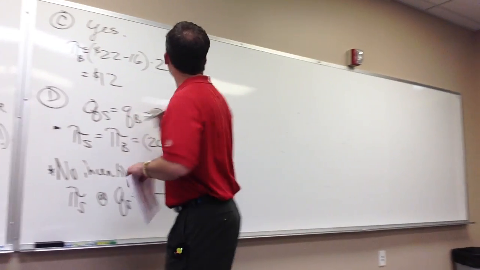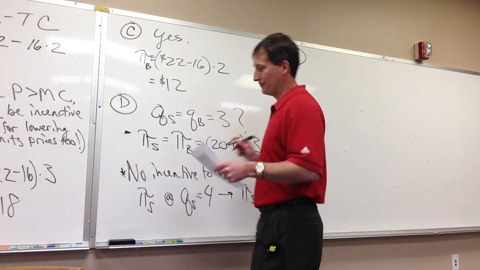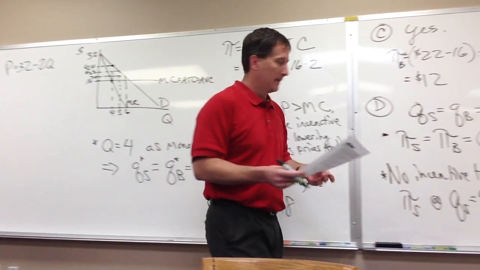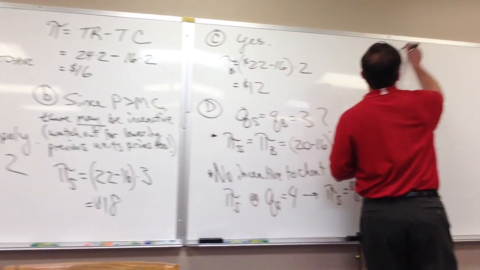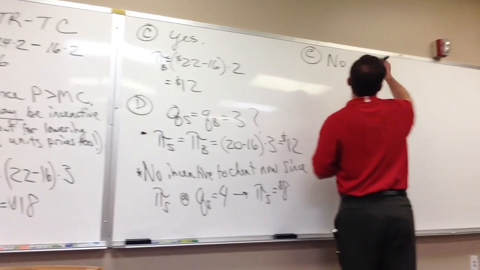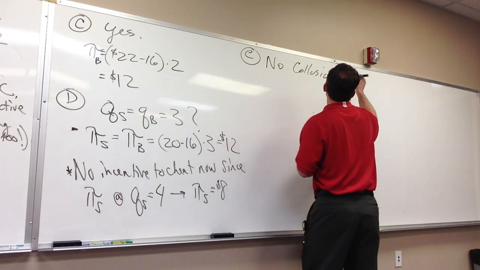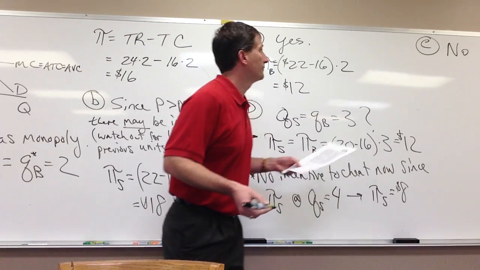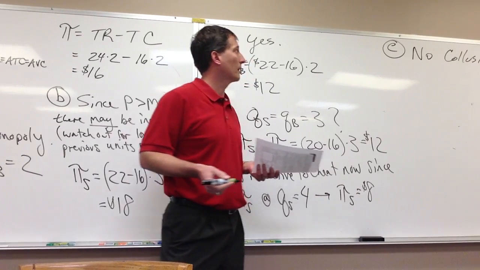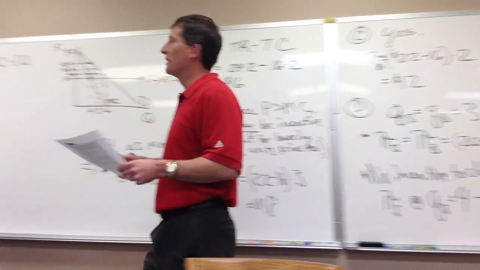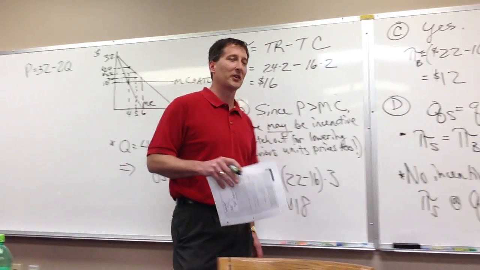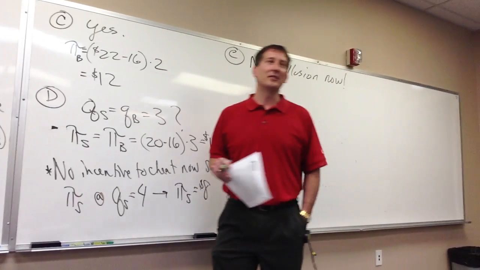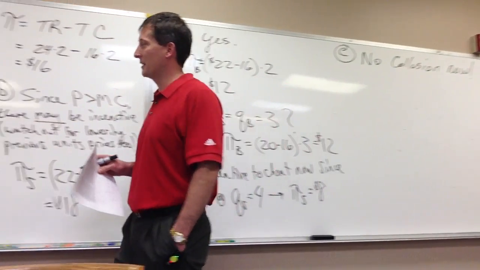Okay, now I'm going to add kind of a part E onto this one. Let's take away the collusion. Suppose there's no collusion. Maybe they got busted under antitrust laws, or they heard the government was investigating them, so they said, screw it, we're not going to do that anymore.